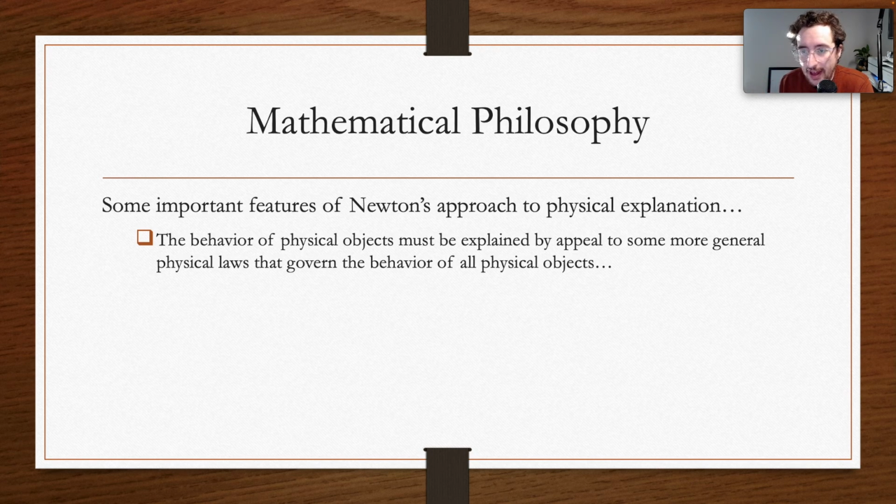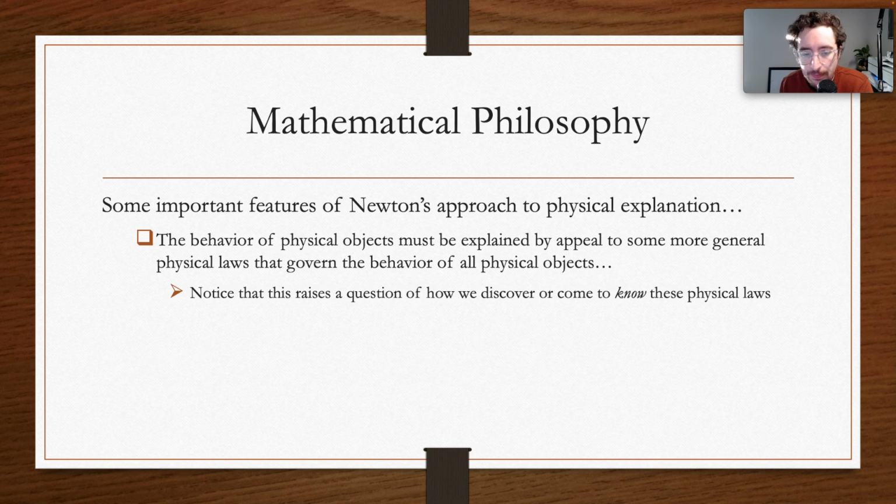There's the F equals ma equation. There are these three laws of motion, and this is the law of nature that exists in the world, and it governs the behavior of all physical objects. And so the explanation for why the bat moves the baseball in that direction is because there is this law of motion.